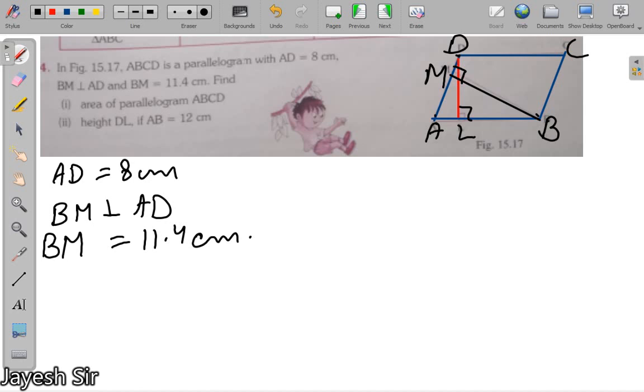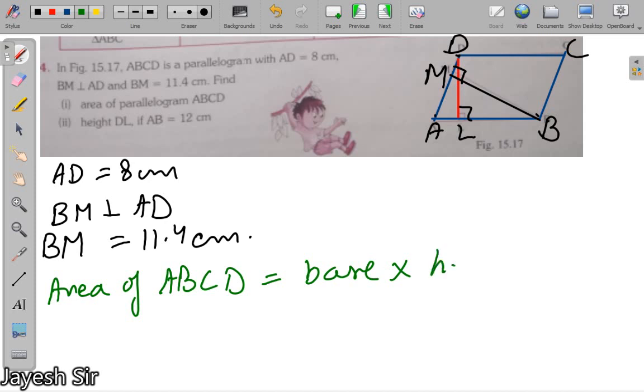So first we have to find the area of parallelogram ABCD, which is equal to base into height. When we have taken the base as AD, then the height for AD will be BM.